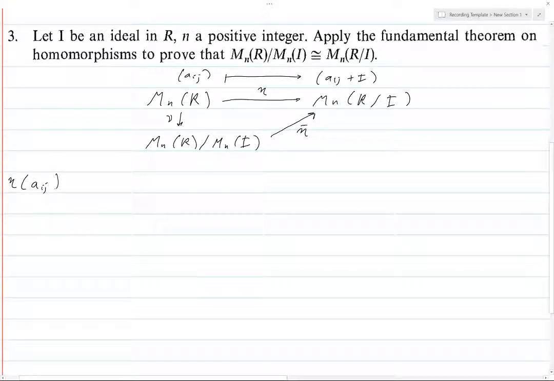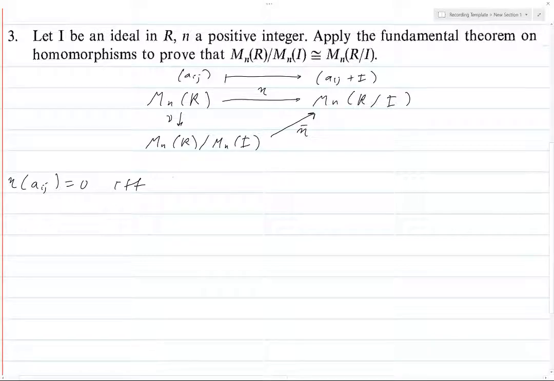So anyways, eta applied to the matrix a_ij is 0 if and only if, well, what's the 0 element of M_n(R) mod I? It's got to be 0 at every single entry, so it's got to be 0 plus I, which is just I, because that's the 0 element of R mod I. Right, because that's what we're modding out by.